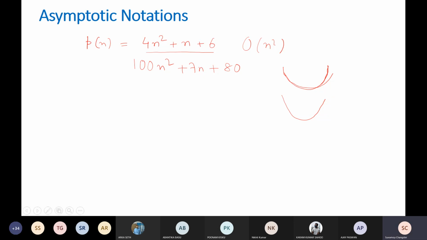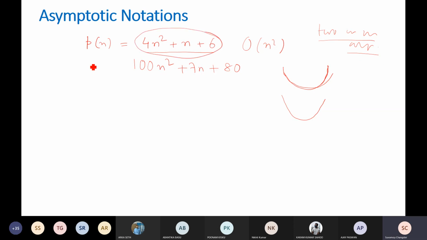So therefore, previously we have discussed that the time complexity analysis means to find or to compare between two or more algorithms. And there I have said that comparison means this polynomial comparison.